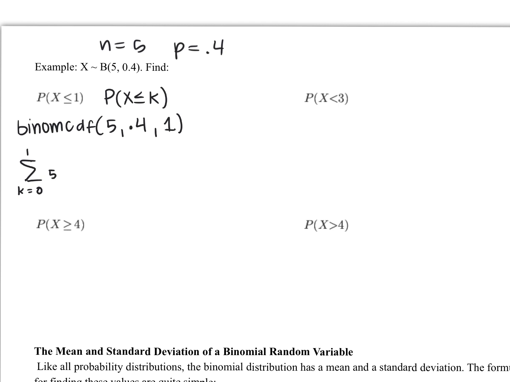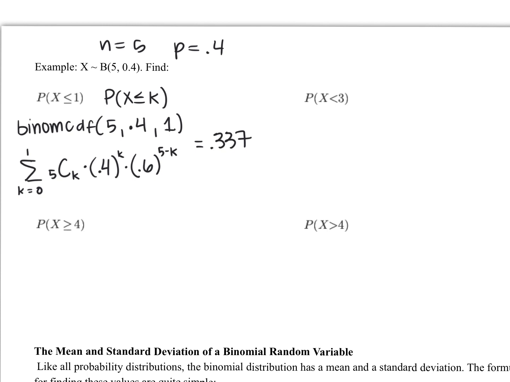I'm going to have 5Ck, because I'm doing 5 trials, times my p, which is 0.4, to the k, times my probability of failure, which is 1 minus 0.4, so it's 0.6 to the 5 minus k. Then I hit enter. In both cases, you end up with the decimal 0.337. No matter which way you chose to do it, you should end up with 0.337 either way.